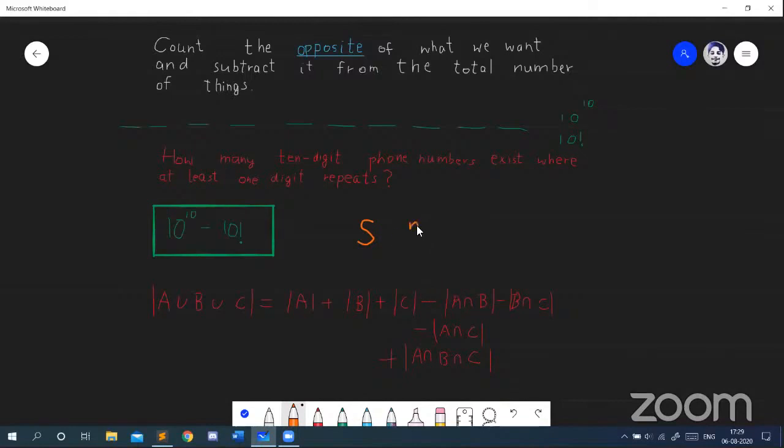Let's say m numbers are divisible by 2 and n of these numbers are divisible by 3. Then how many of these would be divisible by 6? I cannot really tell from here because I need to know the number which are divisible by both 2 and 3, right?